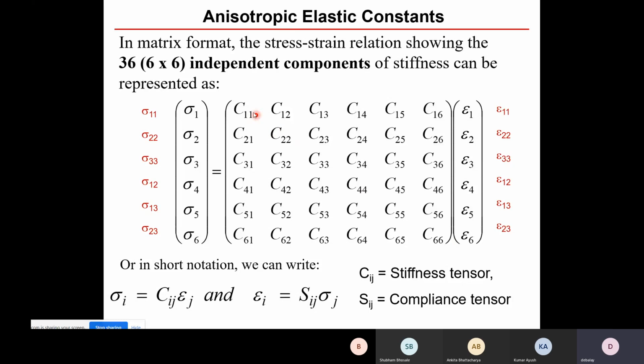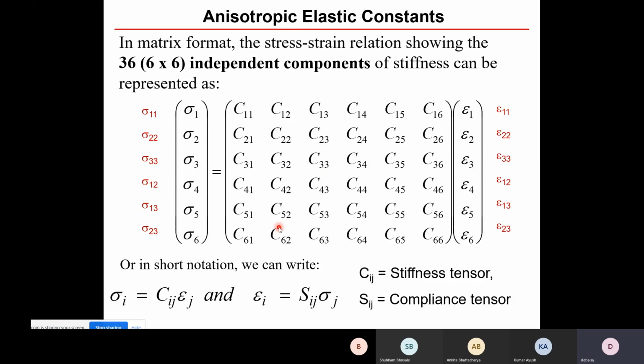You need to know the values along the diagonal and any one side of the diagonal. So a total of 6, remaining 30. If you know 30 by 2, 15 values, you can write down the entire stiffness tensor.